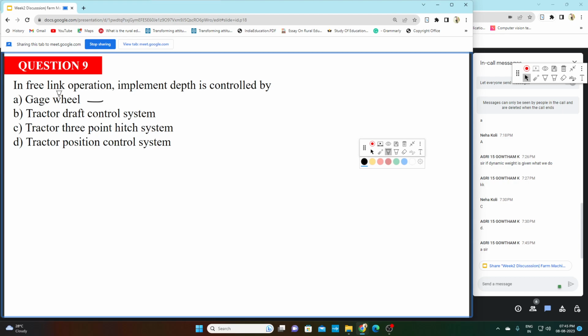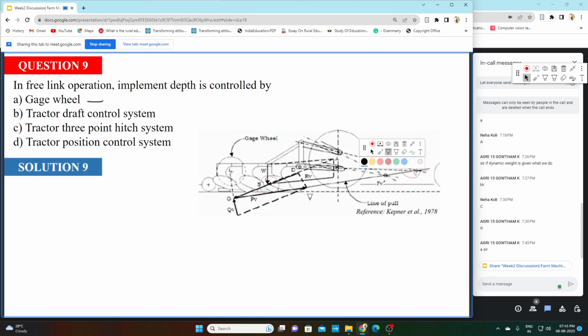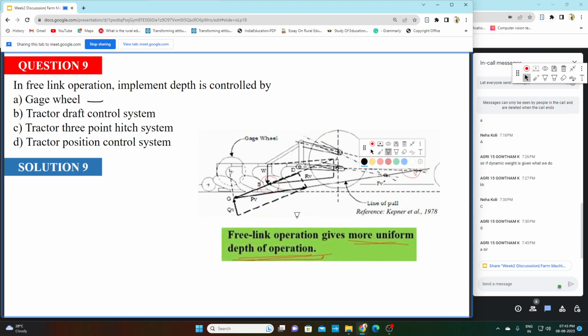Anyone who wants to differ from this guess? Okay, this is the right answer. In free link operation, implement depth is mainly controlled by the gauge wheel.